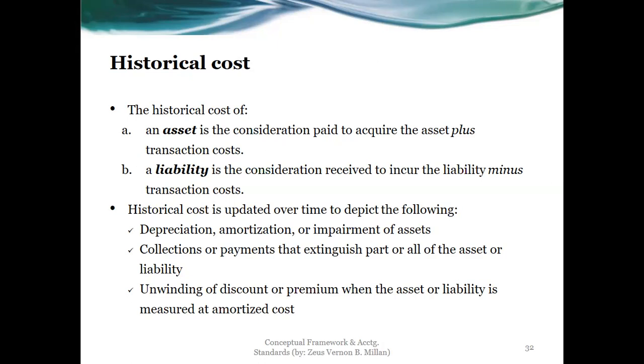However, that will be discussed as we go along the way or in your other accounting subjects. So collections, payments, these are deductions of assets or liabilities, and amortization or unwinding of discount or premium. So these updates are normally minuses for the first two, and the unwinding of discount or premium also would be minus.